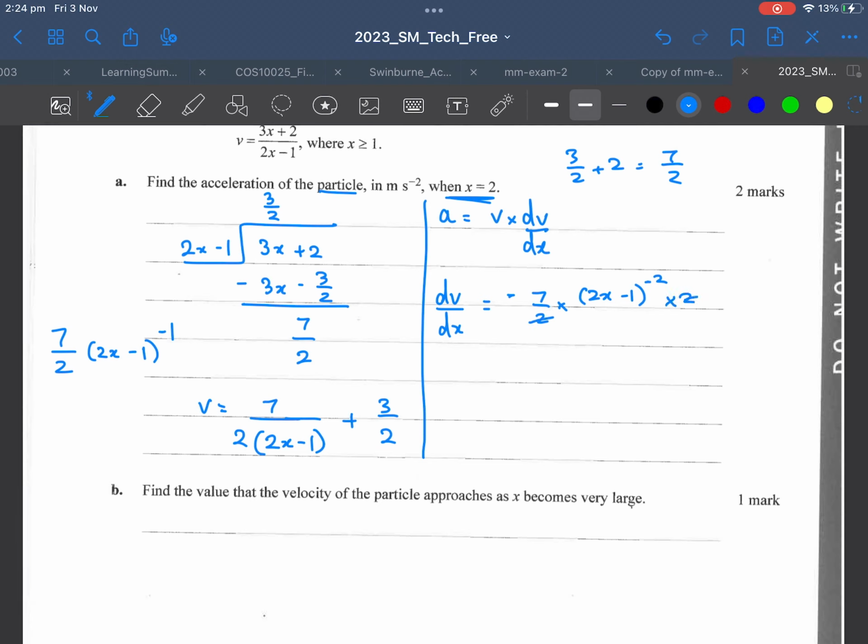And then this 3 on 2 would just be disregarded, so no problem with that. And this will give us an answer of minus 7 on (2x minus 1) whole squared.